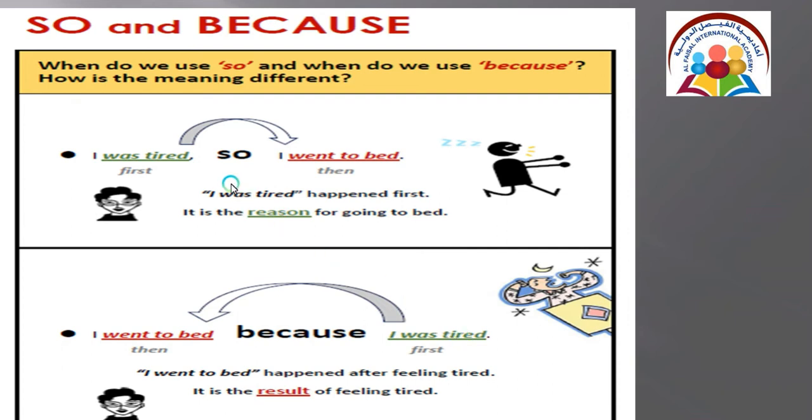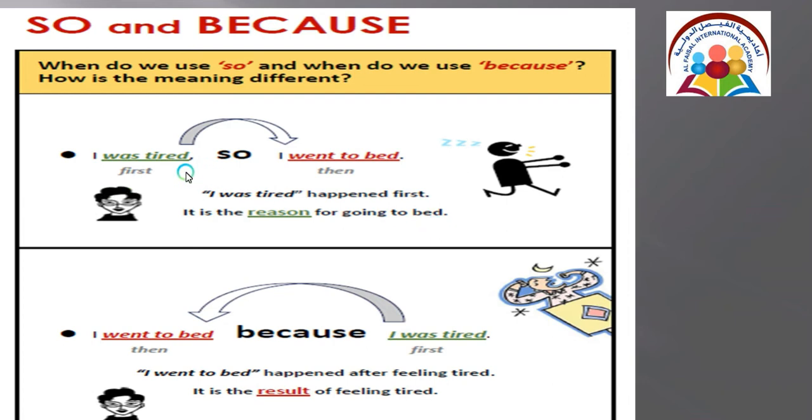If I'm going to add the reason, we have to say I was tired and I went to bed. Which one happened before? I was tired happened before. So when you feel tired, you go to bed. That's why you go to bed. I was tired, so I went to bed. It is the reason for going to bed.